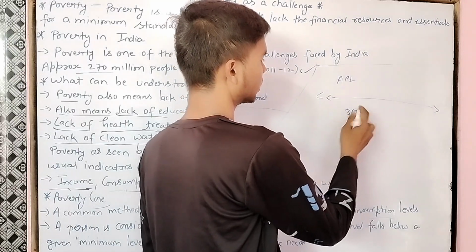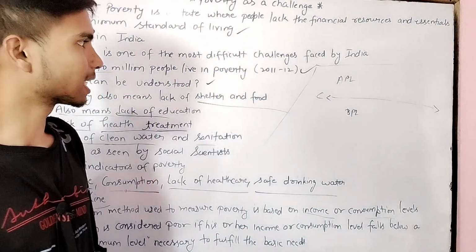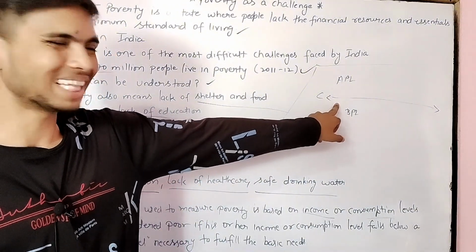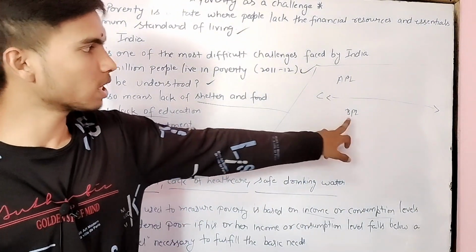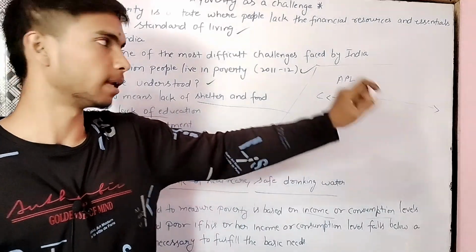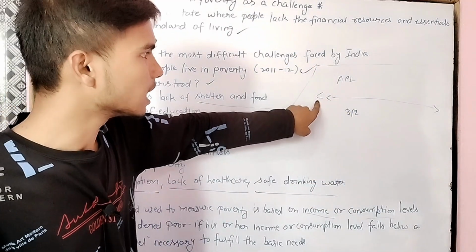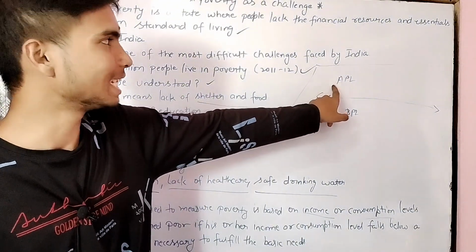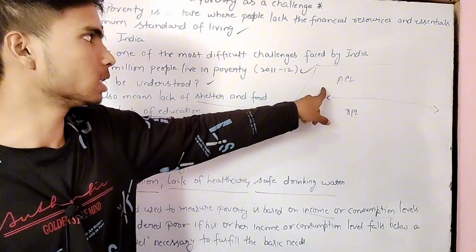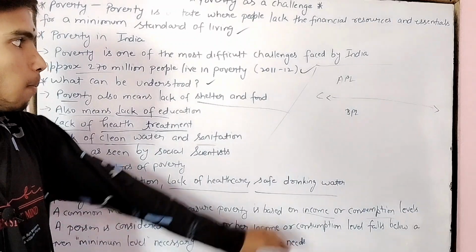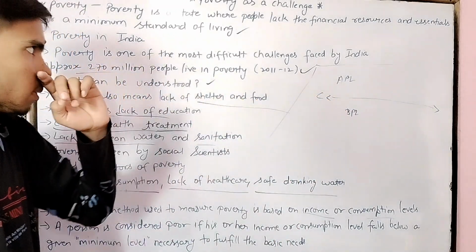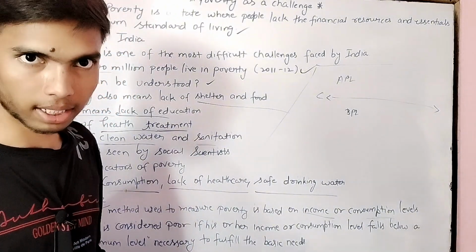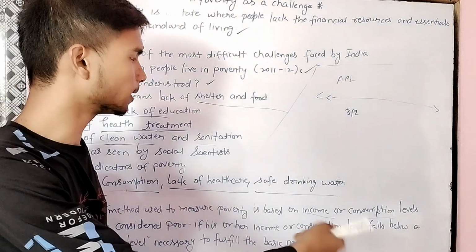If the salary of this category is low, below this line, then this comes in the category of BPL. Whereas if the salary of these people is above, then they come in the category of APL, meaning above poverty line. But both are poverty line. About it we will understand in the next slide in depth.